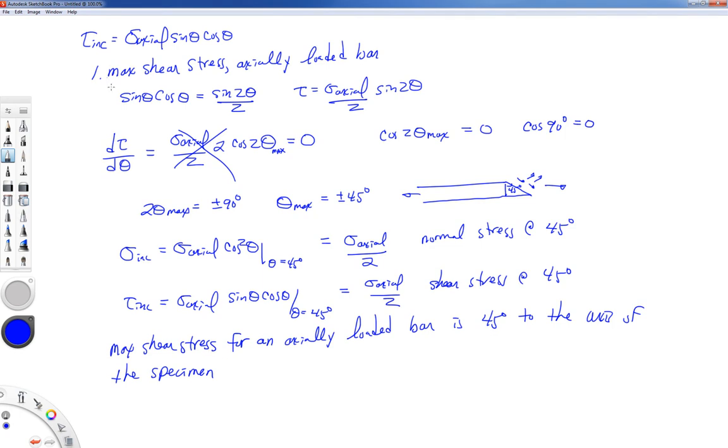All right, let's take a look at the maximum sigmas on any plane in the material. Our formula for the inclined plane normal stress is sigma axial times the cosine squared of theta. And if we want to maximize that, well, that's pretty easy.